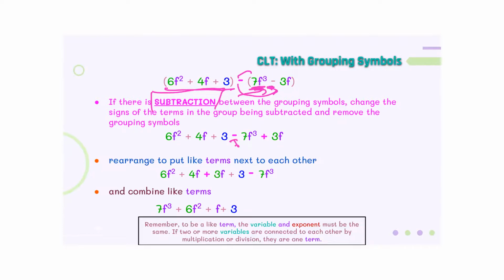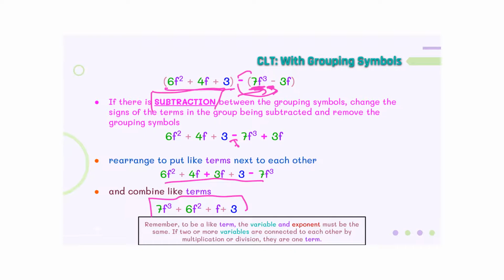This was a negative 3f, so I changed its sign to a positive 3f. Then I rearranged them, so 6f squared plus 4f plus 3f plus 3 minus 7f cubed. And my answer would be 7f cubed plus 6f squared plus f plus 3.